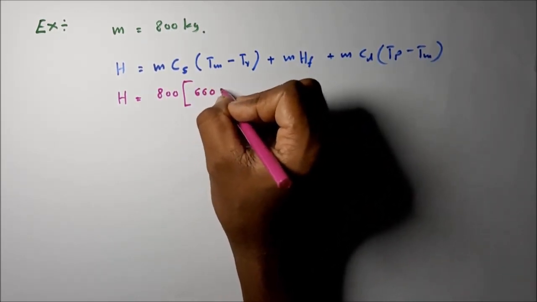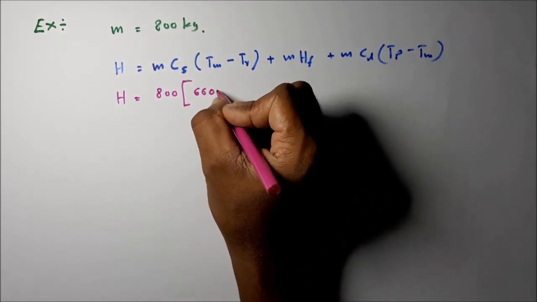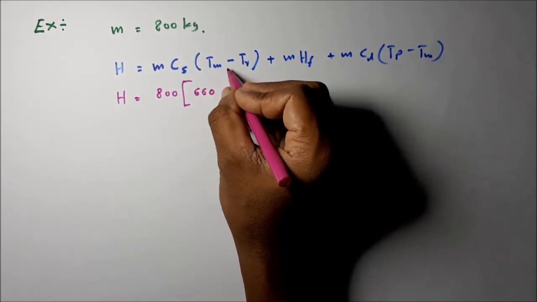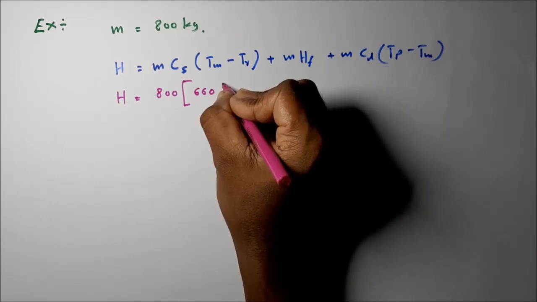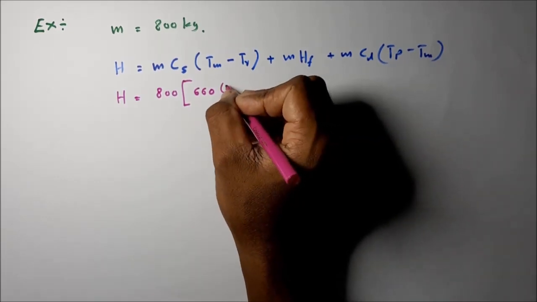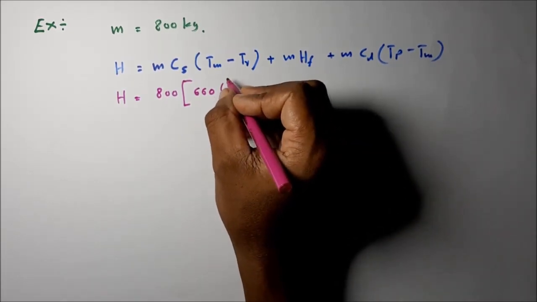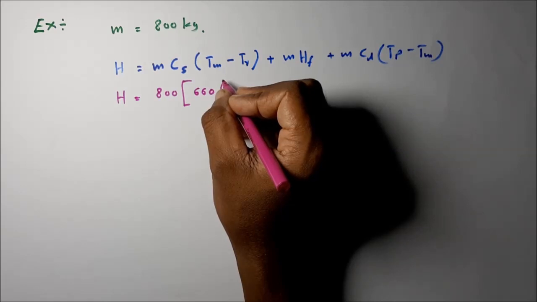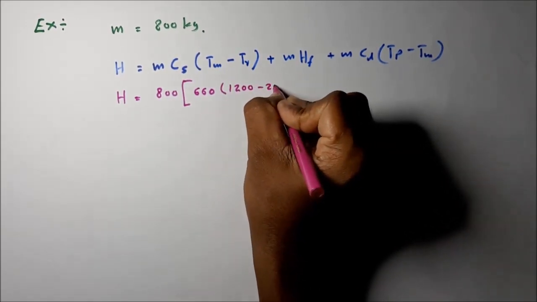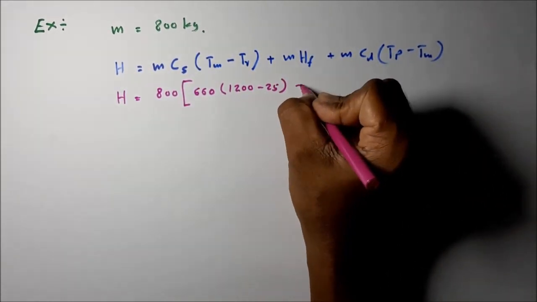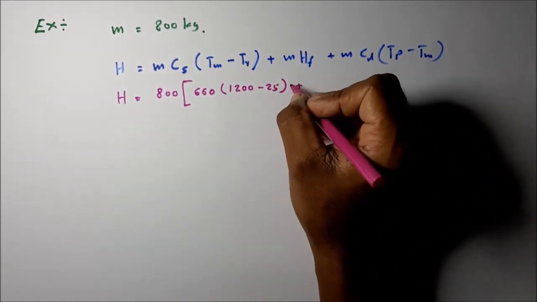I'm not going to put the units. Then the temperature difference: room temperature is 25, melting temperature 1200, so 1200 minus 25, plus HF.